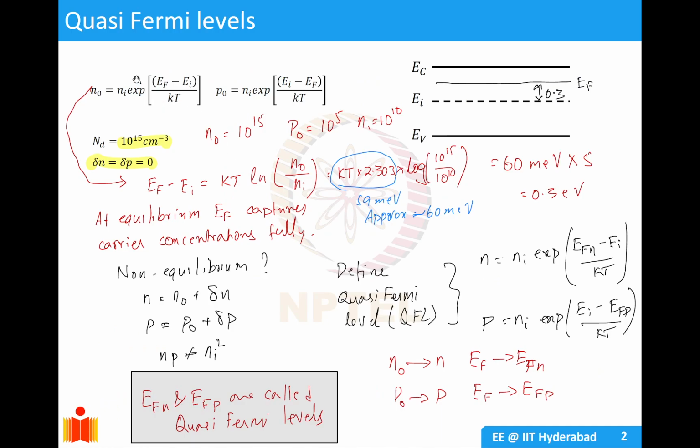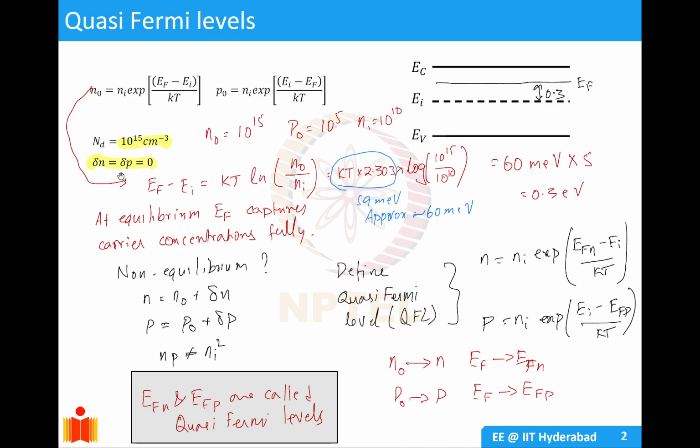Next we come to quasi Fermi levels. We have the equations n0 equals ni exponential of (EF minus Ei) by kT, and p0 equals ni exponential of (Ei minus EF) by kT. If we take n0 as 10 to the power 15 and p as 10 to the power 5, then our EF comes out to be around 0.3.